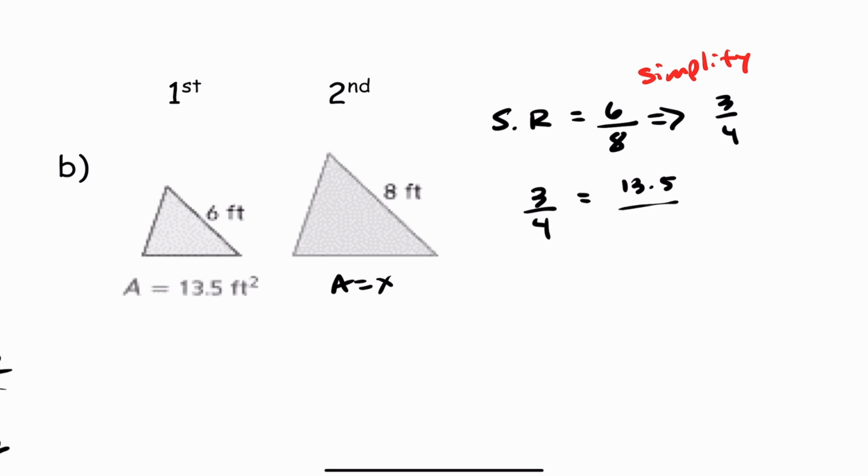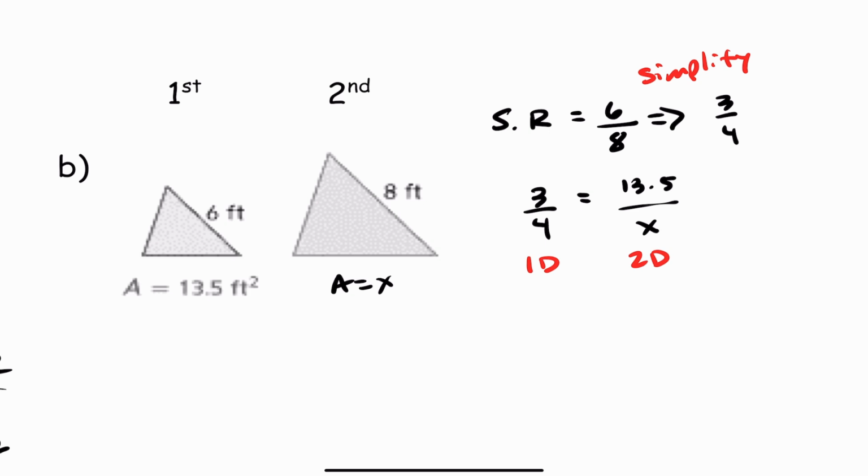This 3 over 4, is this ratio one-dimensional or two-dimensional? One-dimensional. 13.5 over X, is this ratio one-dimensional or two-dimensional? Two-dimensional. What's the problem?